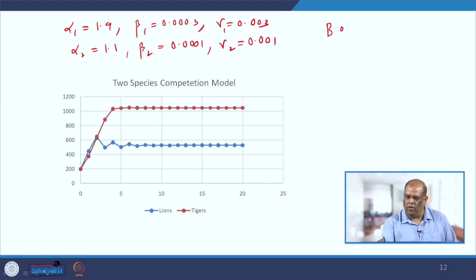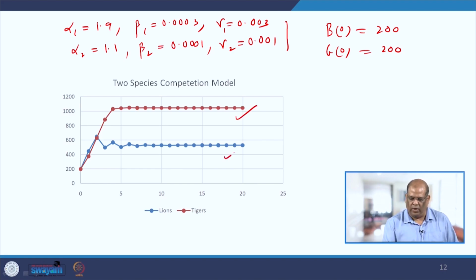The initial values of both lions and tigers are 200 and 200. So, you see that with these parameter values, both the species survive and they reach some steady state.